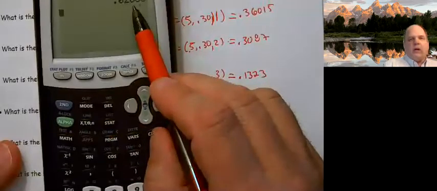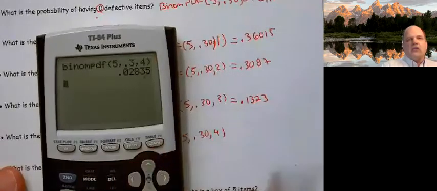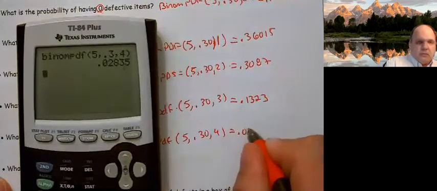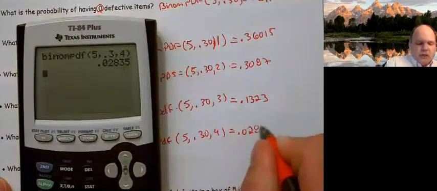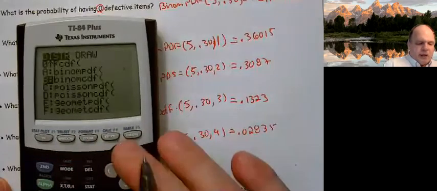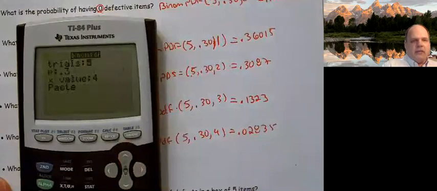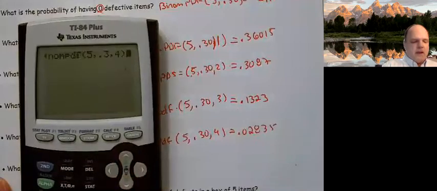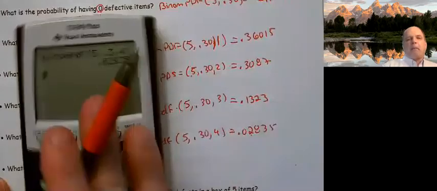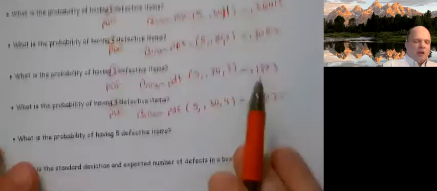And now we have 0.08235. I'm going to go back through that one because I think I covered it up pretty badly. Binomial PDF, trials is 5, probability is 0.3, X is 4. And the probability that we'd have 4 successes out of the 5 is almost 3%, almost 3.